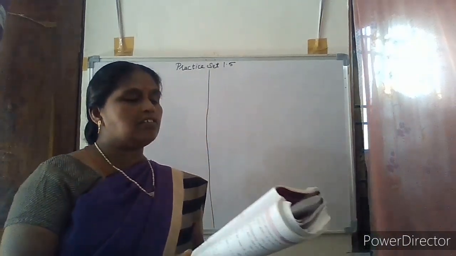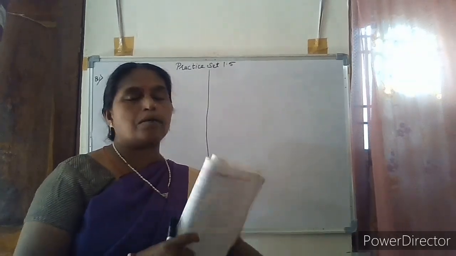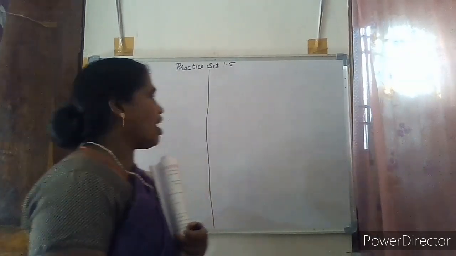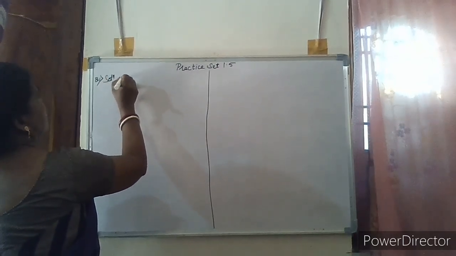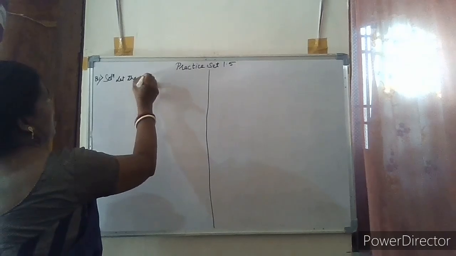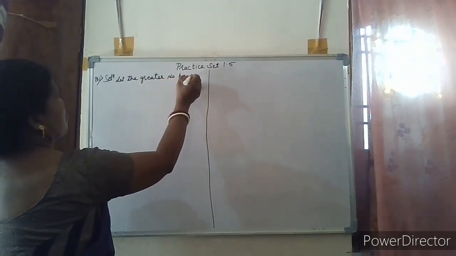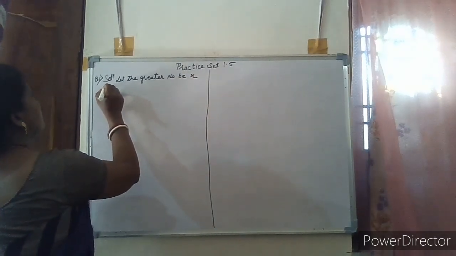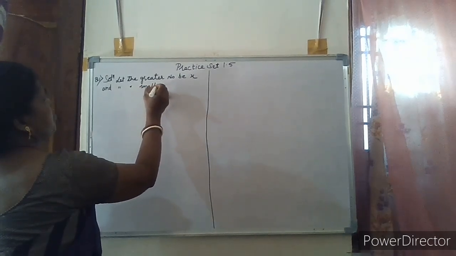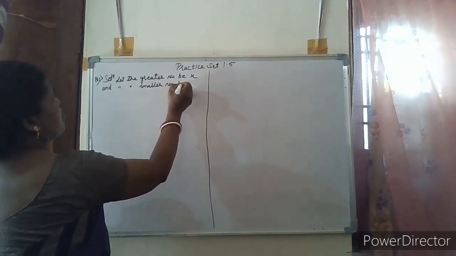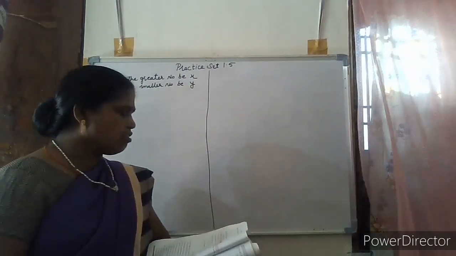This question is based on two numbers. So, let the greater number be x and let the smaller number be y. By the first condition, what is given?